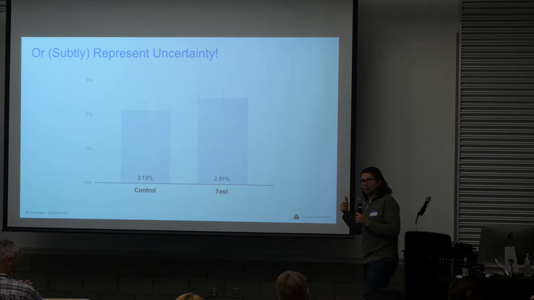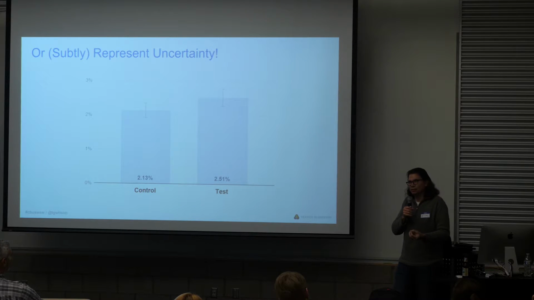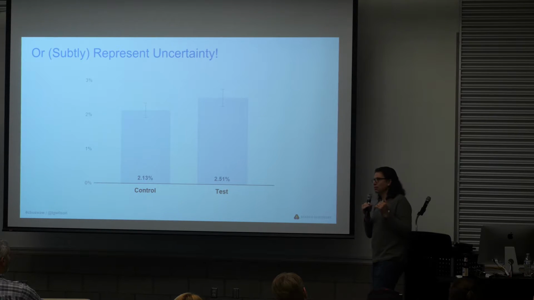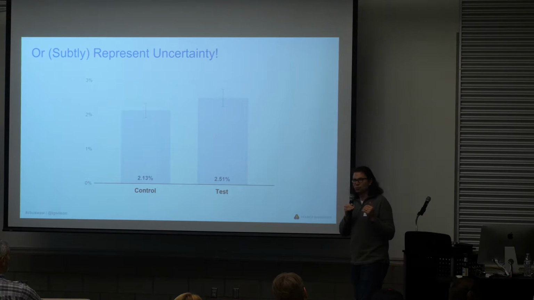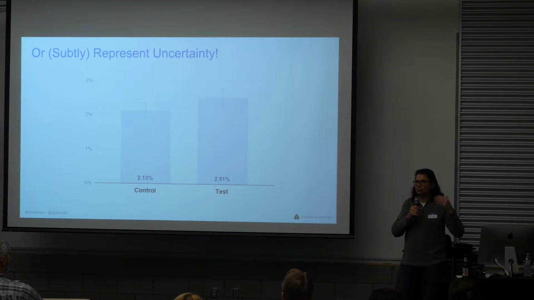That's a good cognitive load, because I'm getting them to understand that they can't take this as the truth forever and forward, that if they roll out this change, it will be exactly a 2.51% conversion rate. I'm adding cognitive load very, very selectively because I want them to stop and think: there's some variability in this. When you're telling me these are different numbers, but you haven't achieved a 95% confidence level, what does that mean? Well, let me show you. There are big error bars, and there's a lot of variability.